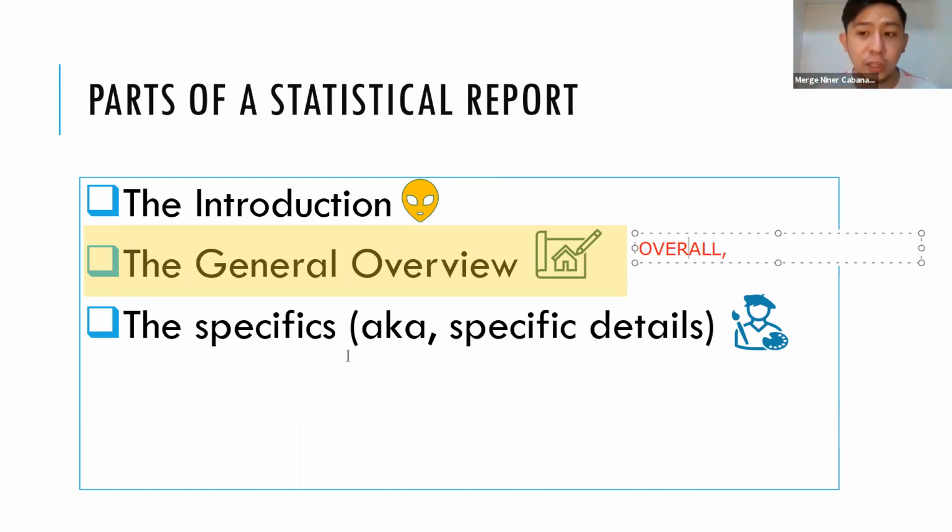That makes it a total of a minimum of 4 paragraphs, because you have your introductory paragraph, you have your general overview paragraph, you have the first paragraph for the first specific detail, and you have the second paragraph for the second specific detail. Now, depending on the situation, you can add another paragraph that is still a continuation of your specific detail.